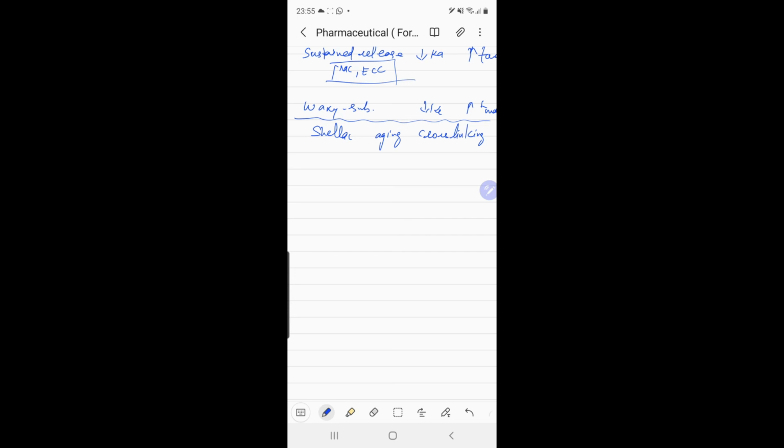Surfactants, I have told you that at low concentration they can increase dissolution because they can reduce the surface tension between different phases.